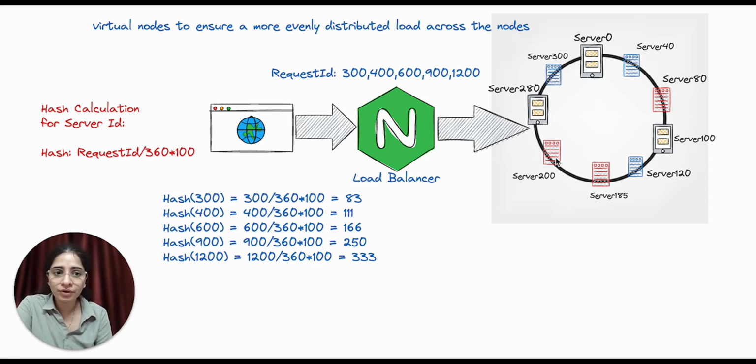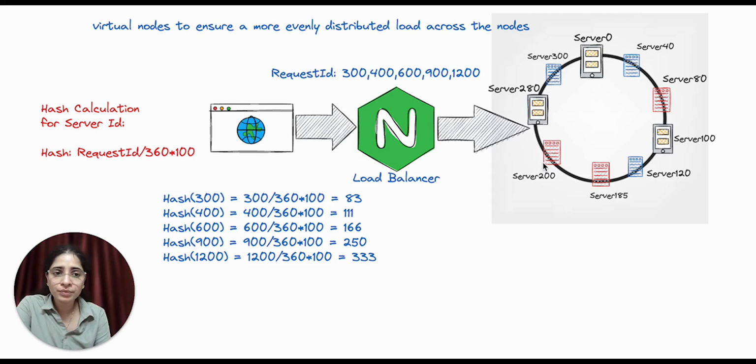Server 1 will be taking requests whose hashes are between 40 and 80. Again, the red server will be taking the requests for which the hashes are greater than 120 but less than 185, and similarly the red will be taking between 185 and 200.